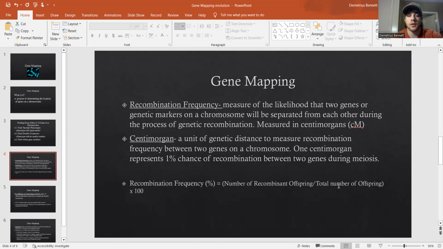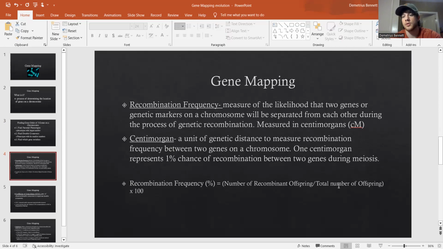So how do we find this recombination frequency or distance? You take the number of recombinant offspring and divide that by the total number of offspring in that population. If you just do that, it's going to be in morgans, and the answer will usually come out as a decimal.